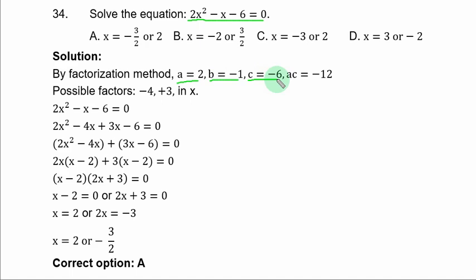And by this method, whenever a is not equal to 1, you look for AC. That is the product of a and c. 2 times minus 6, that is minus 12.